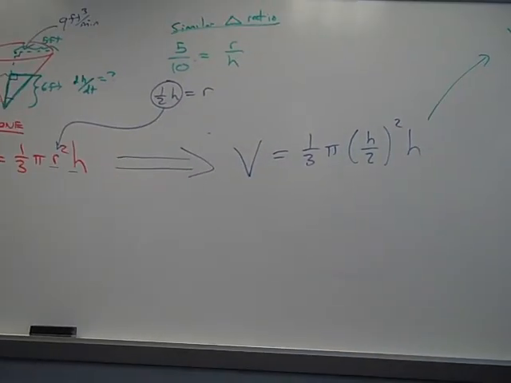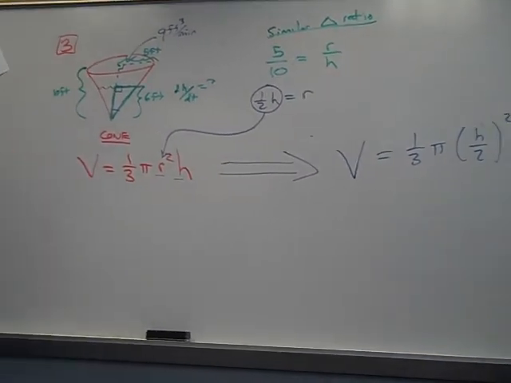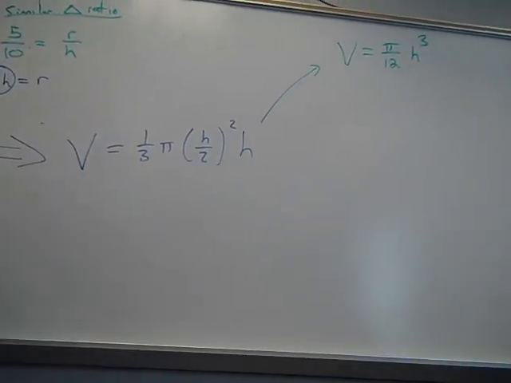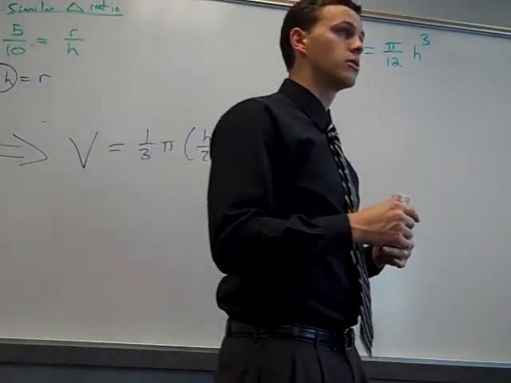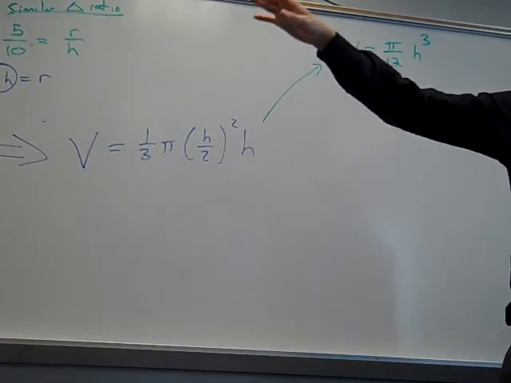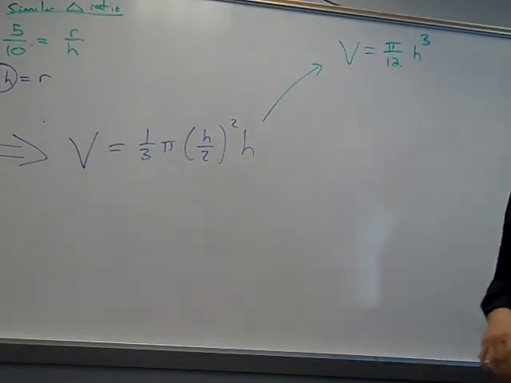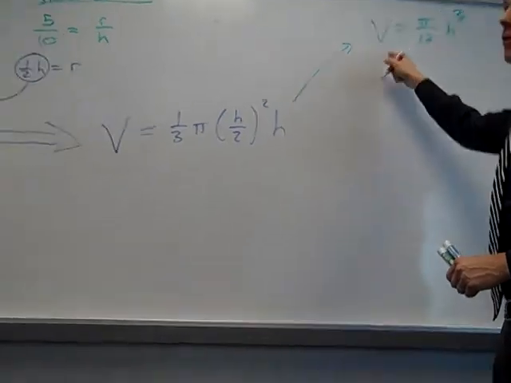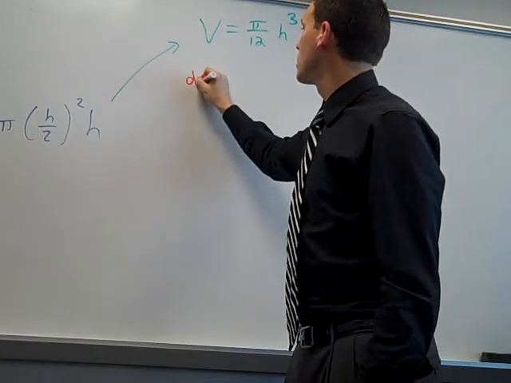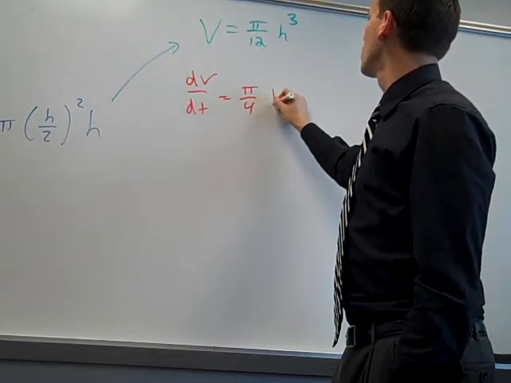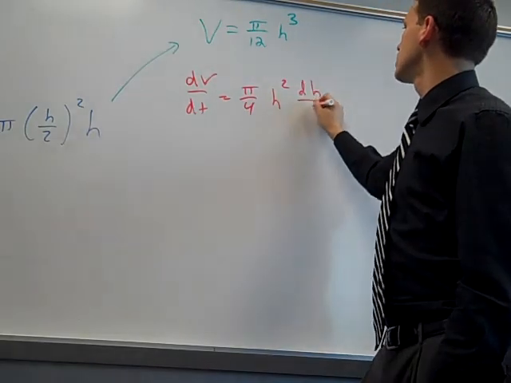Everyone understand? Any questions on that? Every time you see a cone problem or any triangle problem, potentially, if you've got a triangle inside another triangle, you're going to have this happen. It happens a lot with cone problems. Sometimes with shadows and stuff, that can happen as well, but we'll get to those later. So now we can differentiate with respect to time. dV/dt equals pi over 4 h squared dh/dt.